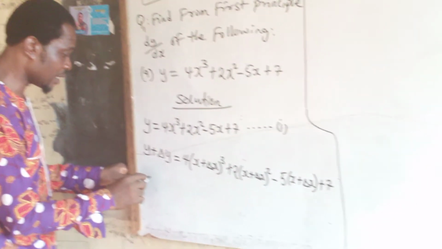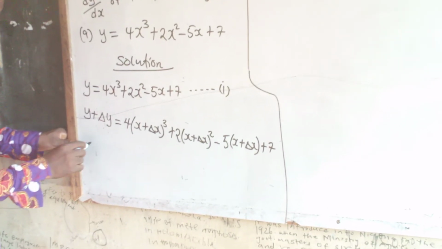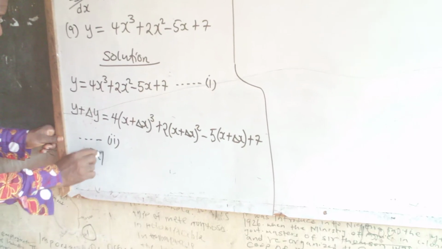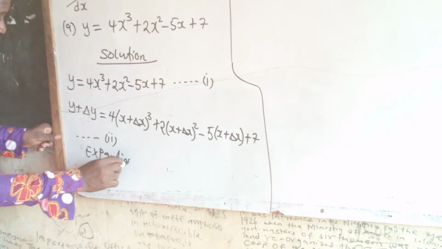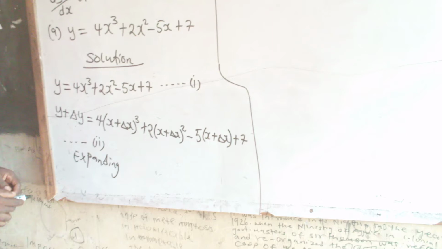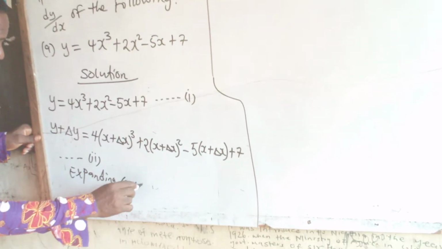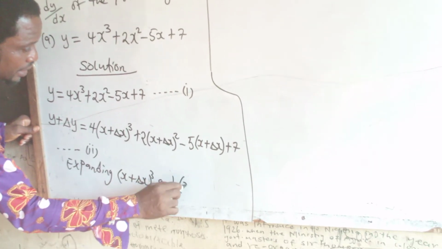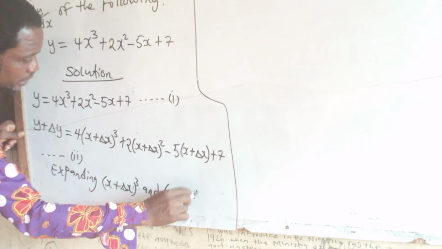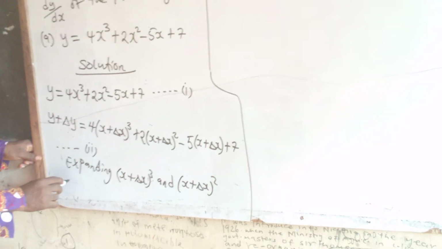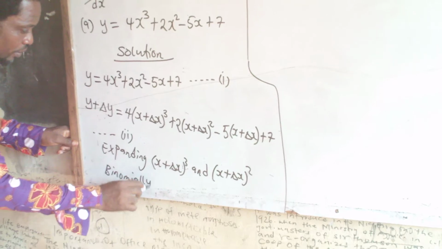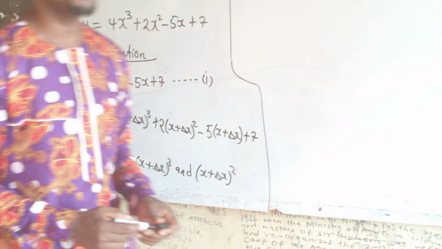So the next thing you write now is saying, because of that, let's call this equation 2. So we now say expanding those ones that have power, x plus change in x raised to the power 3 and x plus change in x raised to the power 2, binomially, meaning using binomial expansion.